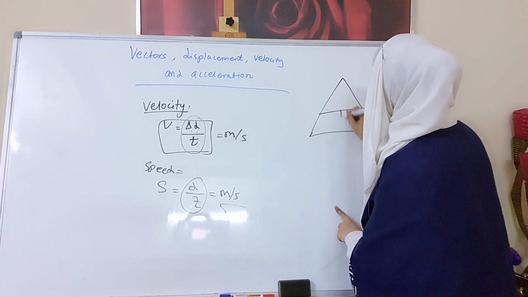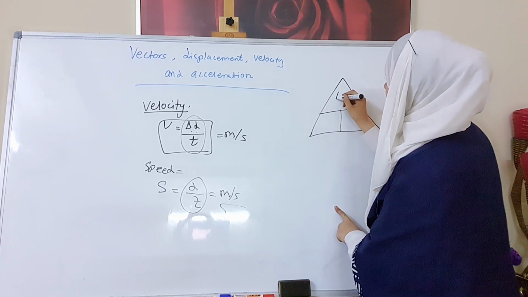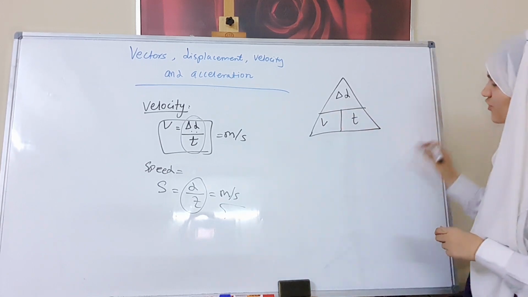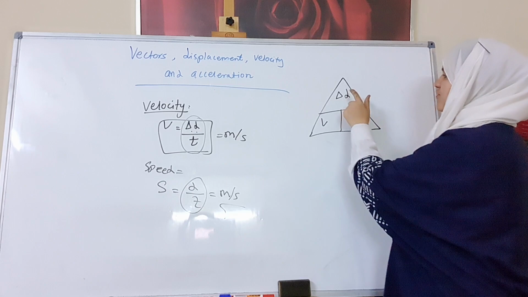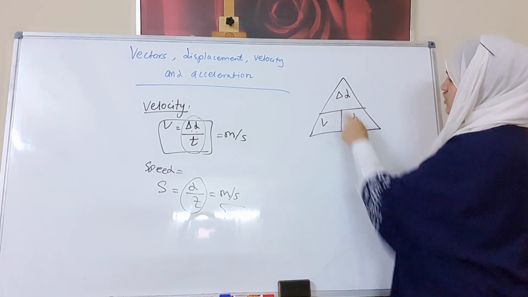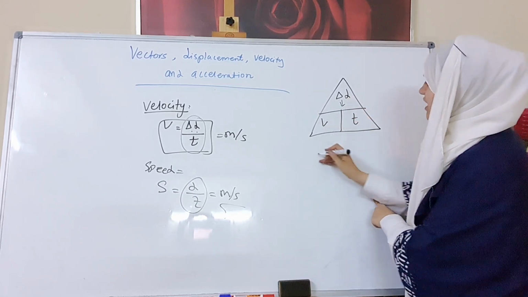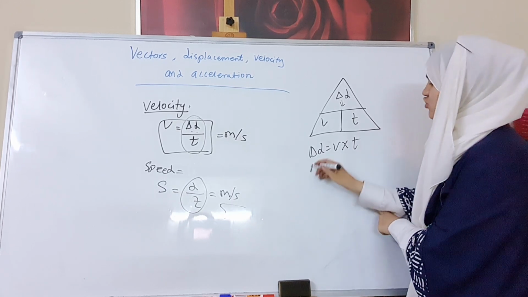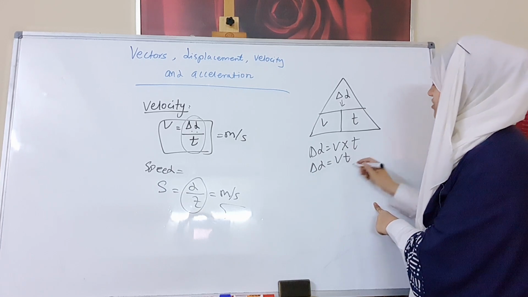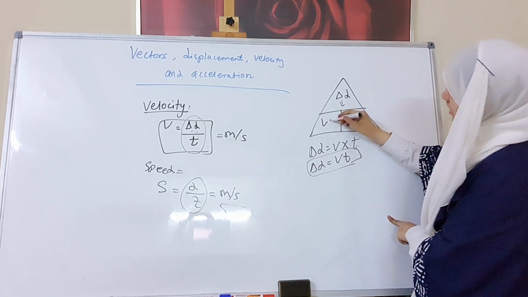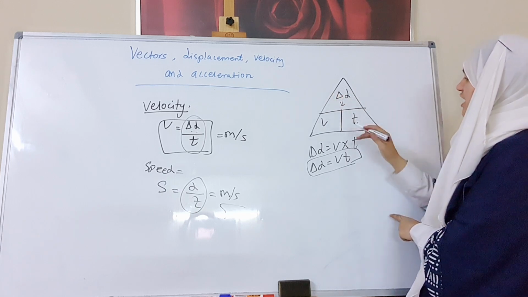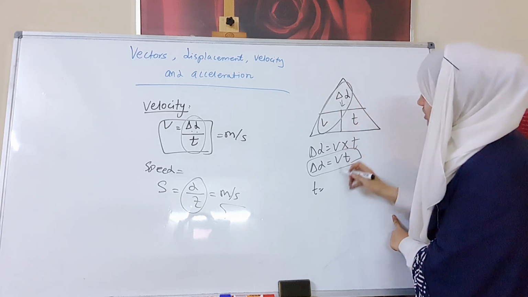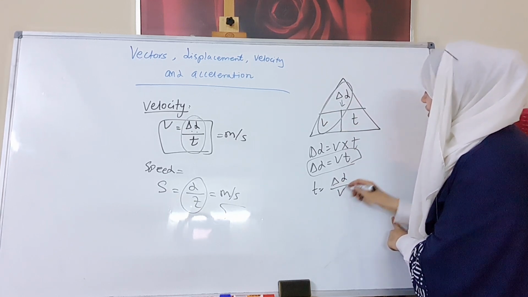That means here we have displacement, V and T. If we want to find the change of displacement, it is velocity times time. Change of displacement is equal to Vt. For velocity, it is the change of displacement over time. And for time, it is the change of displacement over velocity.